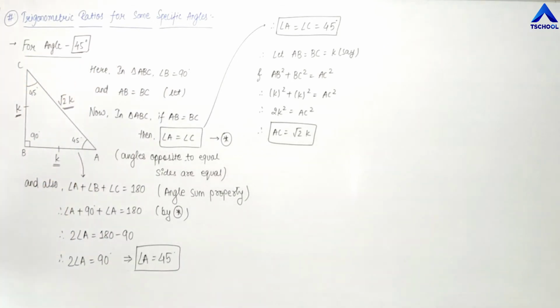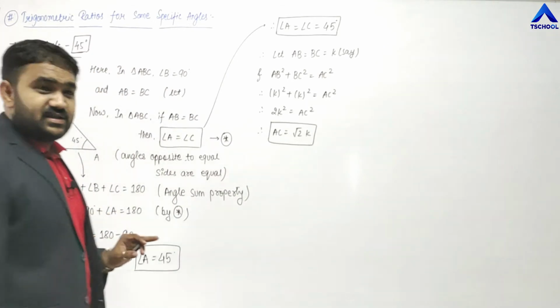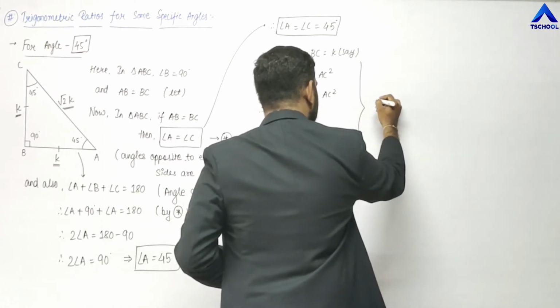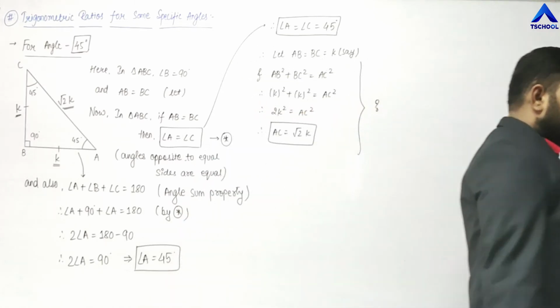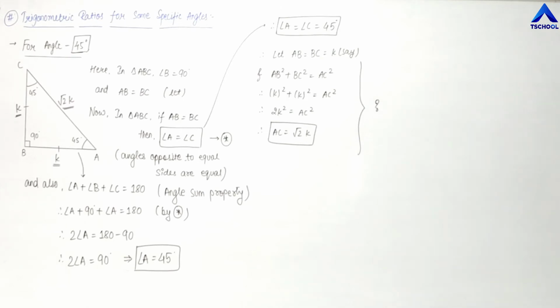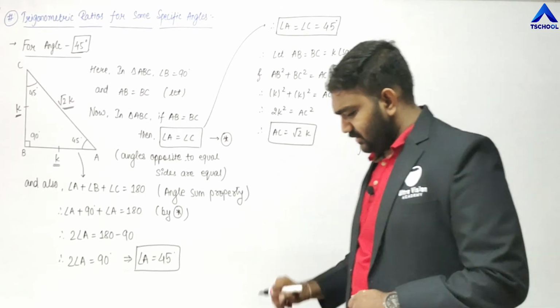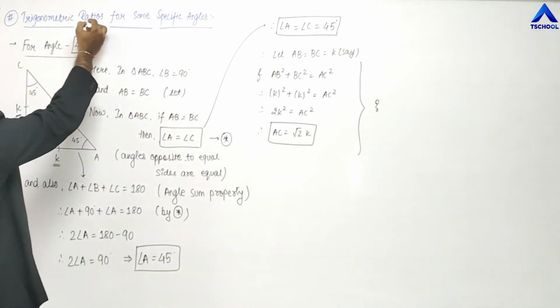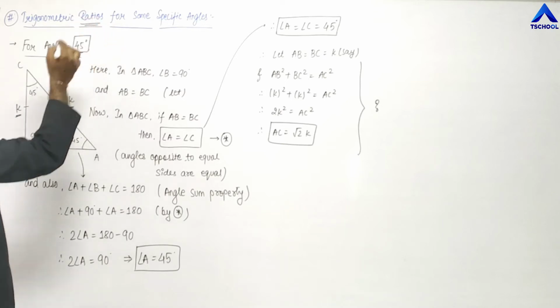Friends, why did we do this? The question. I didn't say what to do here now, right? Why did we do this is the question. We have already studied this in the previous exercise. What we are studying right now is the trigonometric ratios.